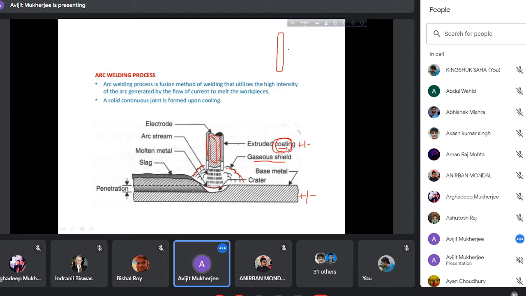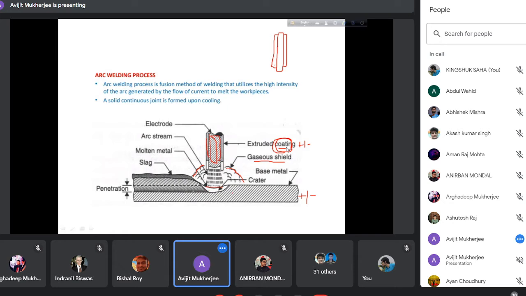When this is melted, and it is covered with a coating material known as flux, some metals will also be melted. Coating materials contain various precious materials like cadmium, vanadium, aluminium, nickel and chromium. That will also be melted and infused with the molten metal.